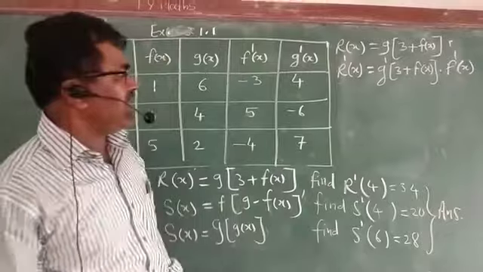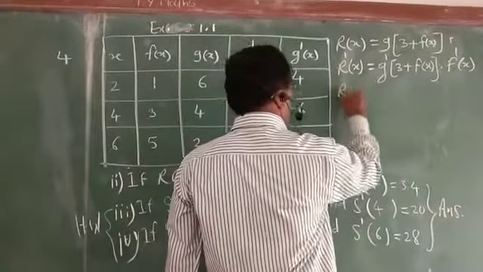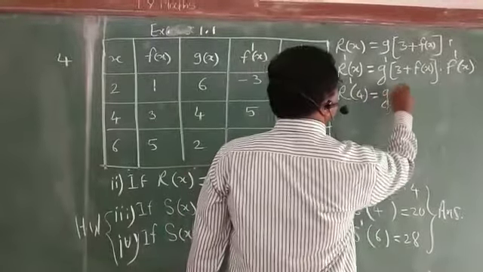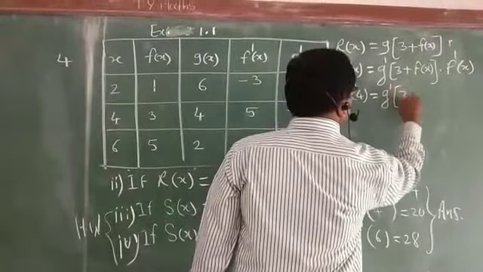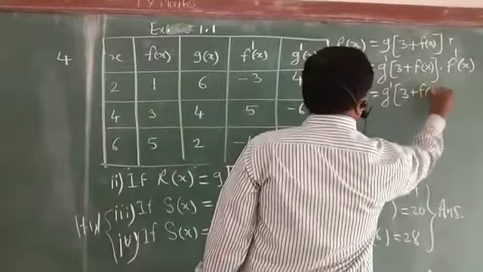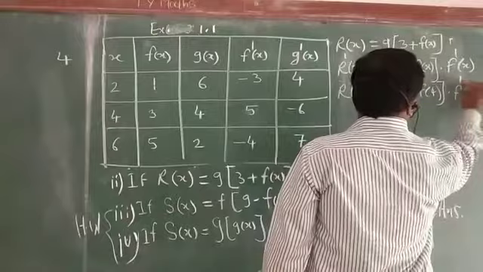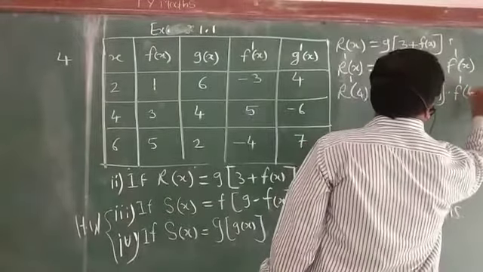Chain rule. We have to find r dash 4, that is g dash 3 plus f of 4 into f dash 4.